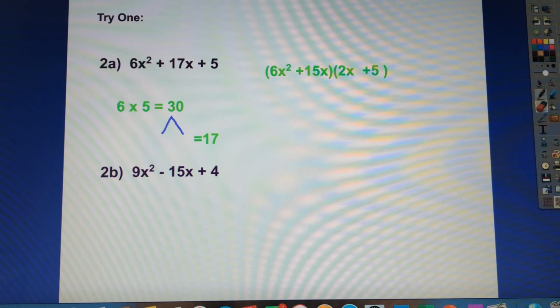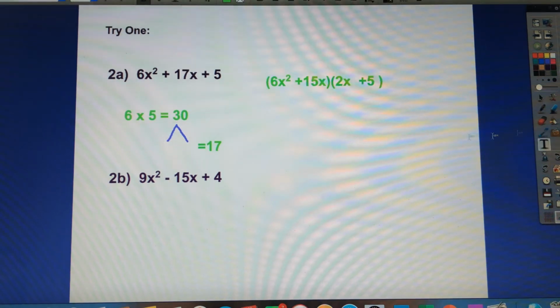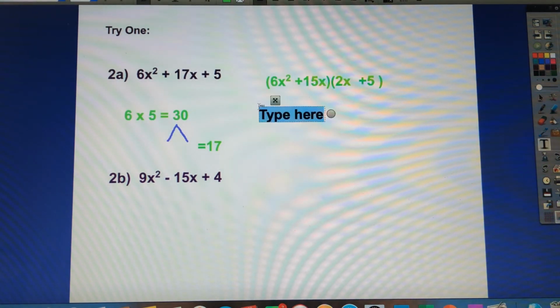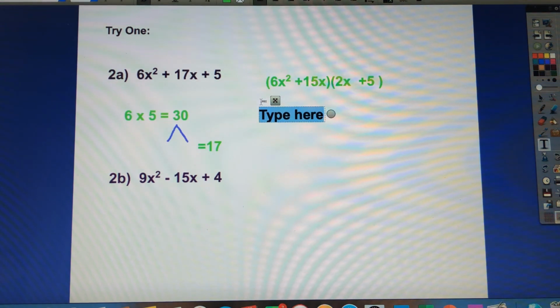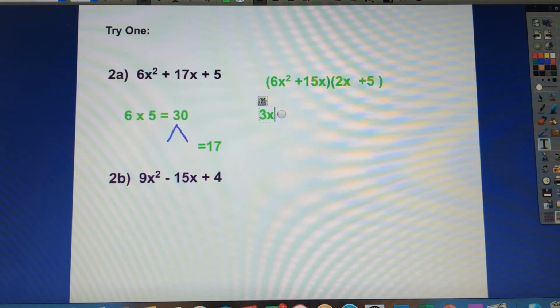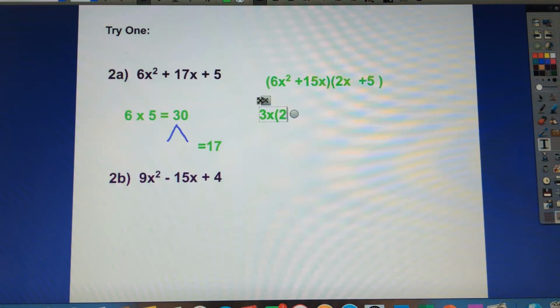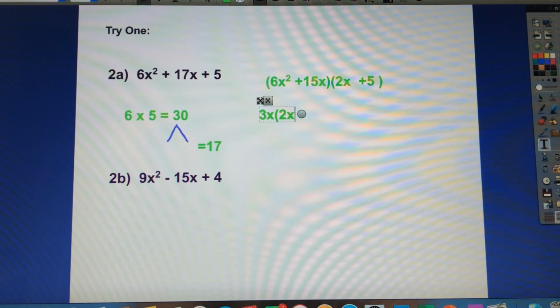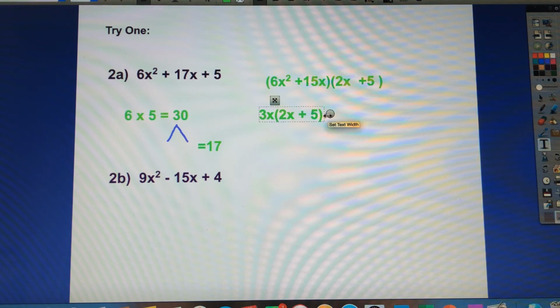They do. This one's going to be a little more complicated, but what I have here is what goes into 6x squared and 15x evenly. Seems to me that I'm going to have a 3x. If I have 3x, that's going to go in evenly to be a 2x plus 5.